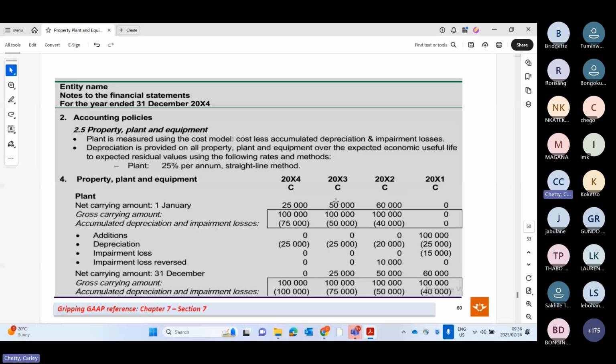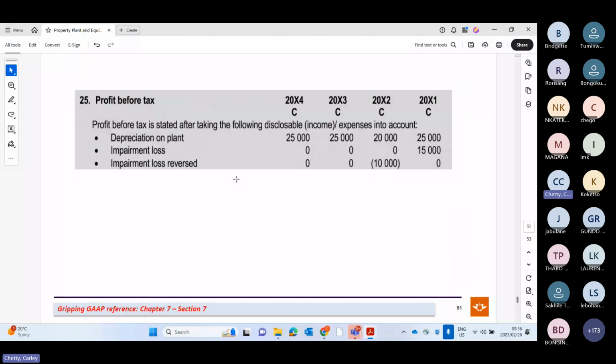It also shows the accounting policy note, which tells you that the cost model is used, and then it tells you the method of depreciation, which was 25% per annum for the plant. And then it shows you profit before tax here. All of these items would affect the profit before tax. It disclosed the depreciation separately, and then it disclosed the impairment loss. In this scenario, there was an impairment loss reversed, which it also showed.